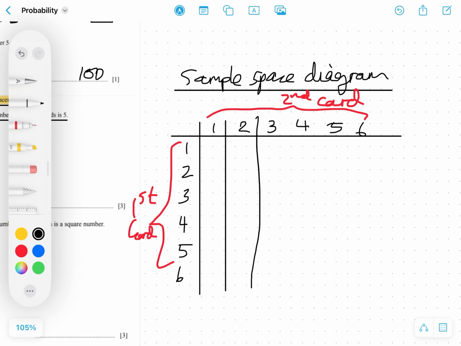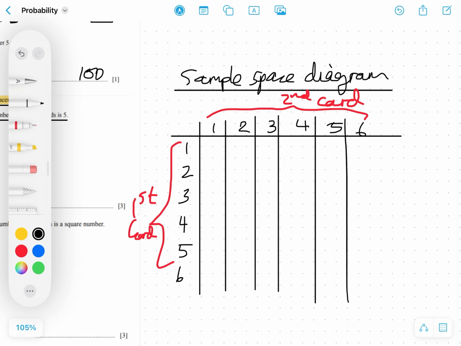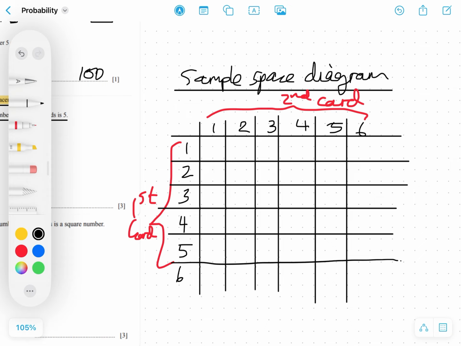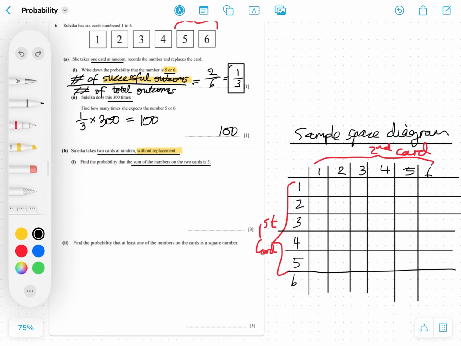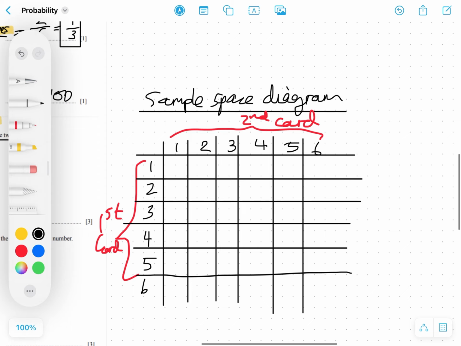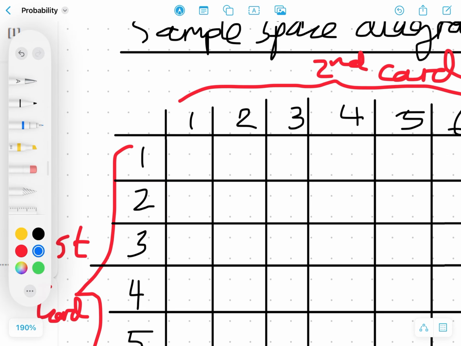So now we organize this into a grid-like fashion. And to complete the sample space diagram, since we're dealing with the sum of 2 numbers, you look at the column number and the row number and add them up together. So in this case, 1 plus 1, which is 2.